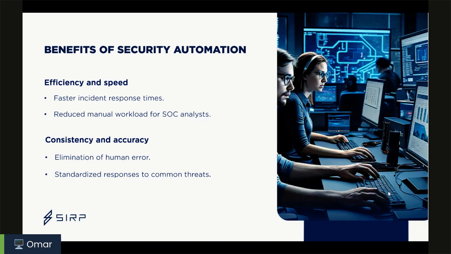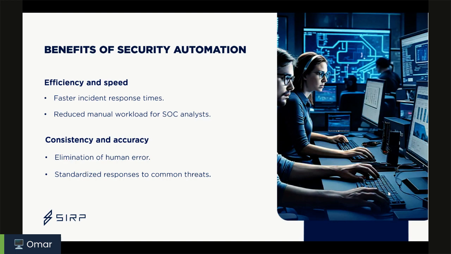The second benefit of automation is that it ensures consistency and accuracy by eliminating human error. While manual processes are prone to errors, especially when dealing with large volume of data and complex incidents. Now, automation minimizes these errors by ensuring tasks are performed accurately and consistently every time.